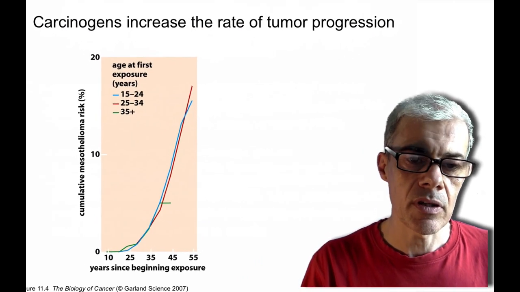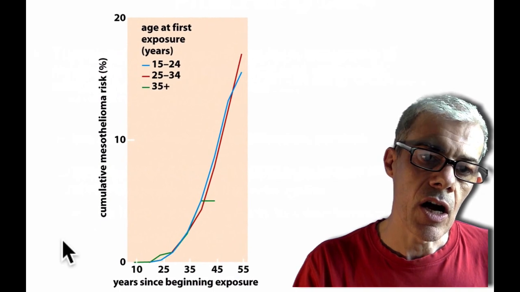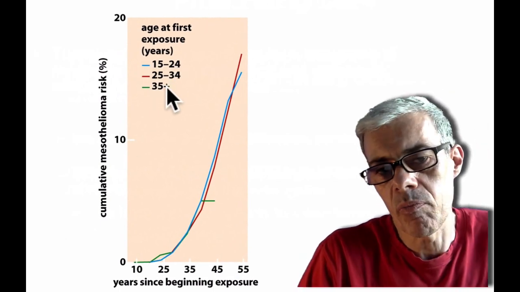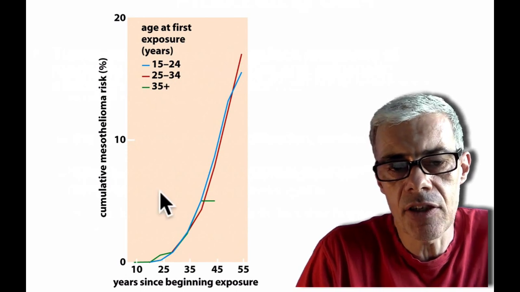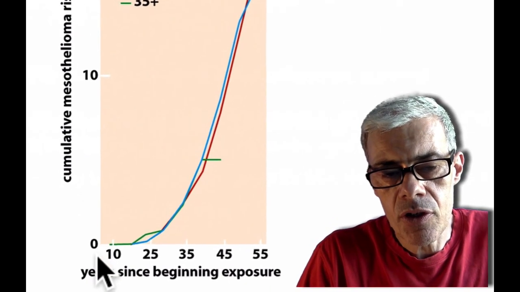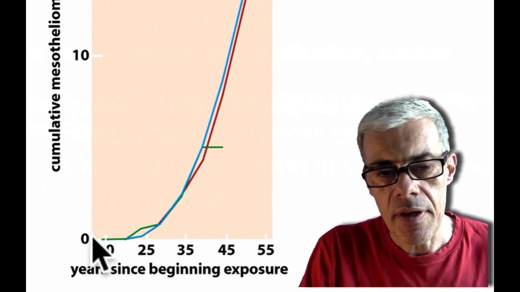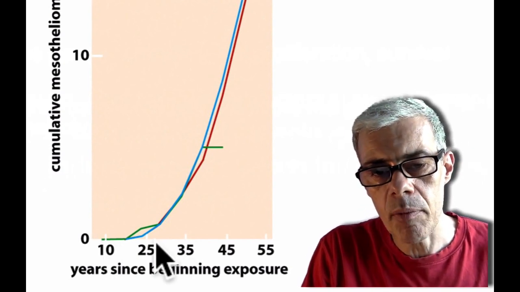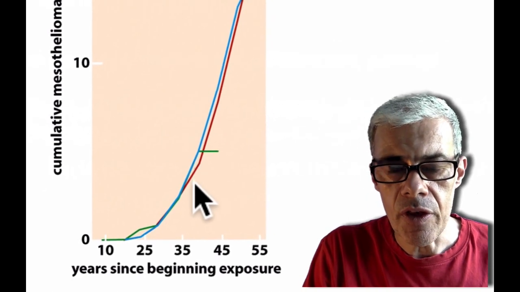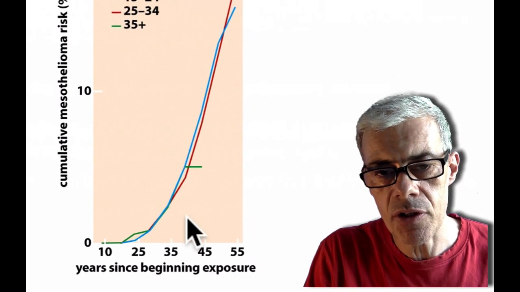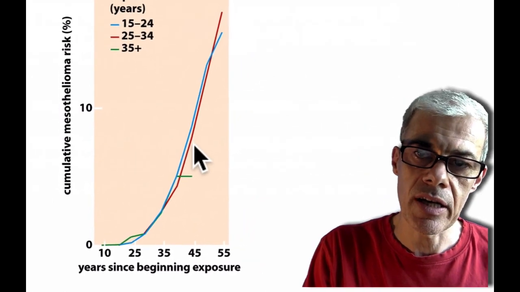There's a graph here that shows different age groups. If you're 15 to 24, or 35 plus, depending on your age, if you're exposed to a carcinogen, whether you're 15 or 35, you have to wait a period of time before the accumulation of mutations through these series of exposures leads to a cancer.